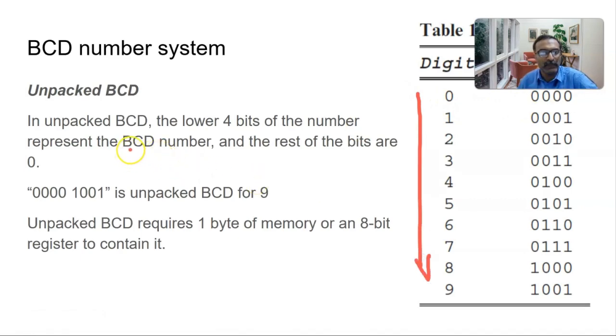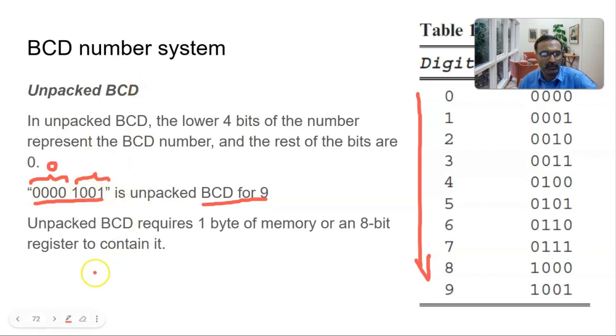Now, what is unpacked BCD? In unpacked BCD, the number will be represented as an 8-bit number, and the upper nibble will be all 0, and the lower nibble will represent the BCD digit.